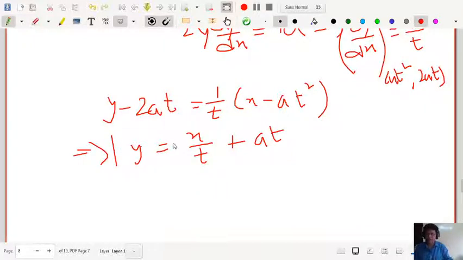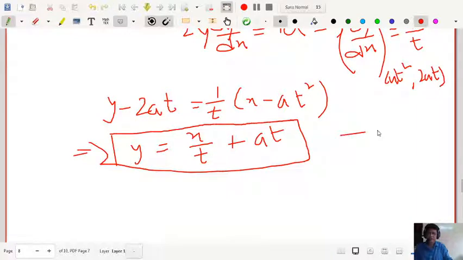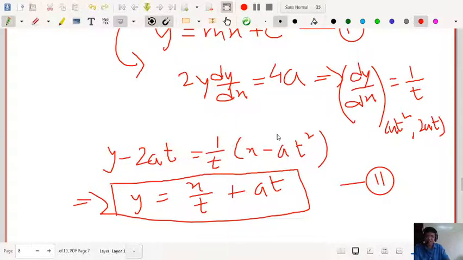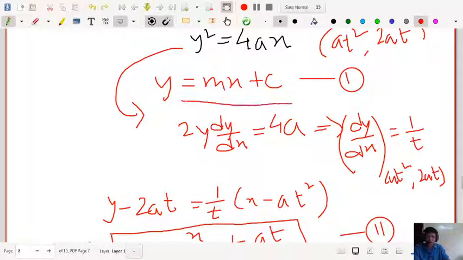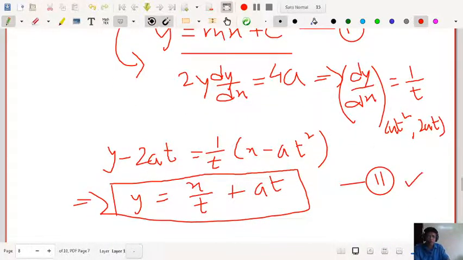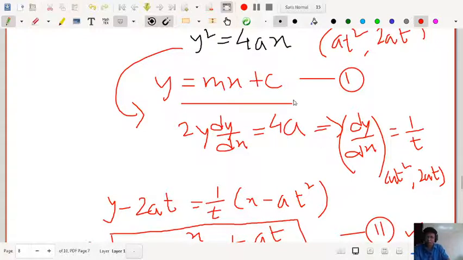So this is the equation of the tangent to the parabola at the parametric point at square comma 2at, at this point. Okay, now this equation represents the tangent and this too also represents the tangent. So these two lines will be identical.